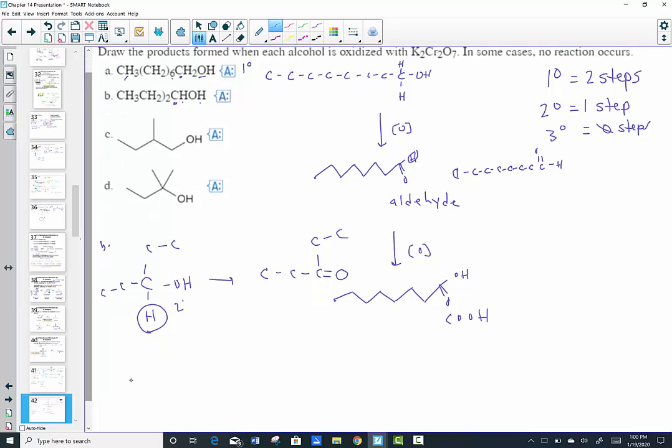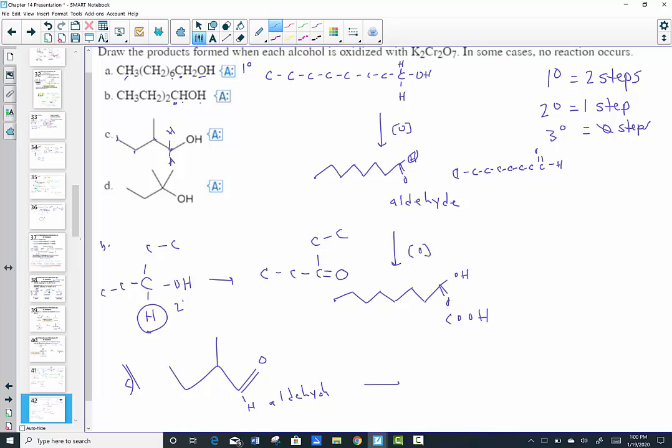Okay, letter C. 1, 2, 3, 4. 4 carbons in that chain. The carbon that's involved in that oxygen is a primary. I see 2 hydrogens there, so we have 2 steps to go through. So letter C. 1, 2, 3. This now will lead out to a carbonyl. This has a branch. There's still a hydrogen there, so the first product is the aldehyde.